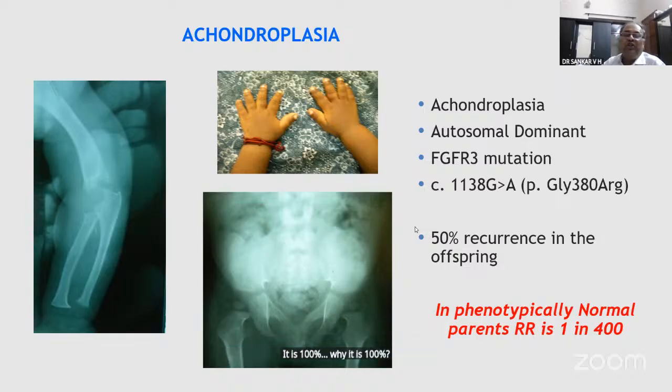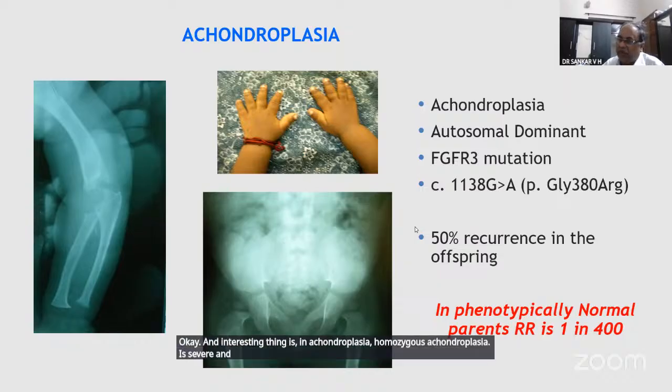Gayatri has said 25%. So the ideal answer: 25% will be homozygous achondroplasia, 50% will be heterozygous achondroplasia, 25% will be normal. And an interesting thing is, in achondroplasia, homozygous achondroplasia is severe and presents as a lethal skeletal dysplasia.